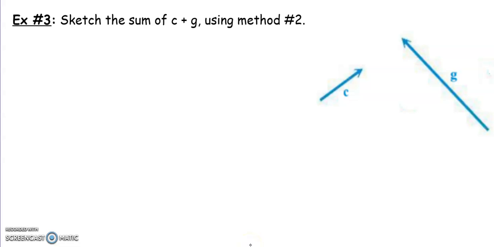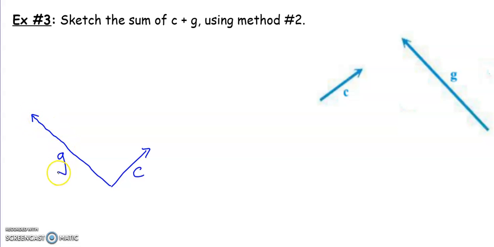Now it's going to be the same as the last C plus G, but let's see how this one works. So I'm going to start with C, and here is vector C, and I'm going to sketch G coming off the initial point of C. Boom.